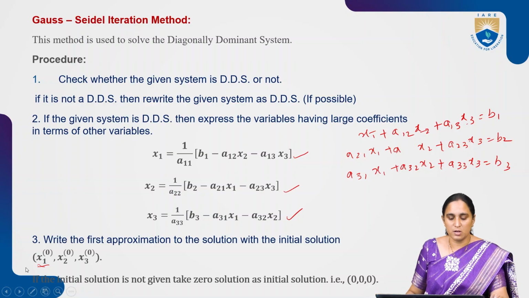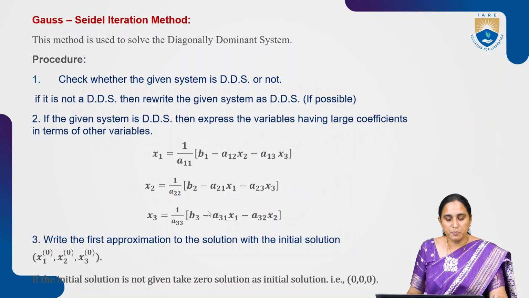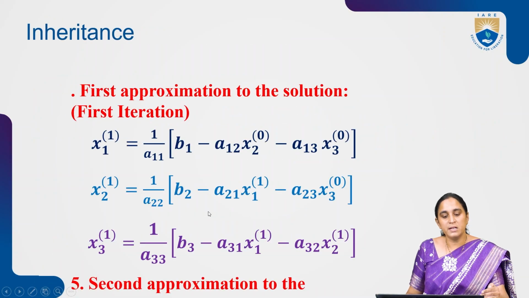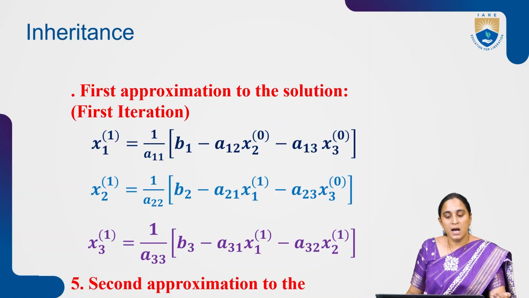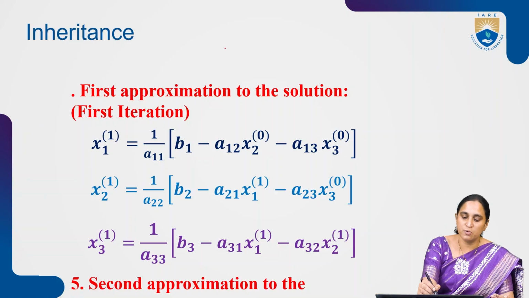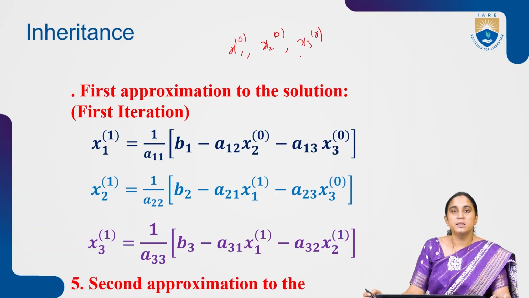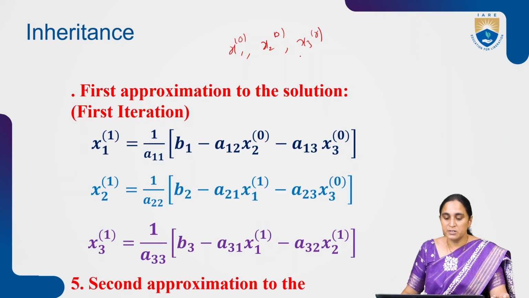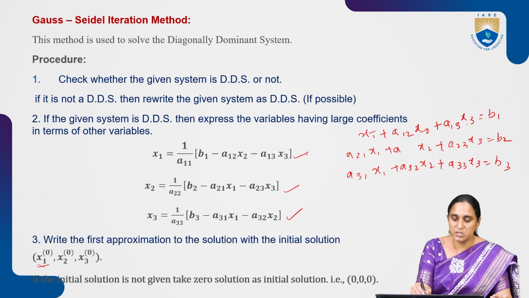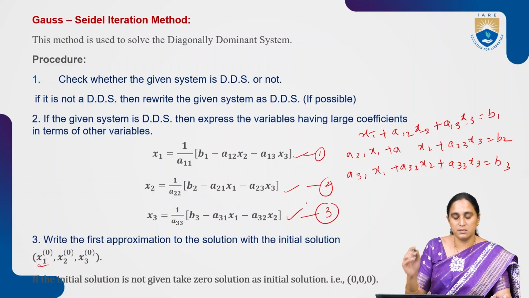This is the concept. After getting the first approximation value, we can continue with the second approximation using the previous values. We already know the x1 power 0, x2 power 0 and x3 power 0 values. There we can substitute into the equations: this is the first equation, this is the second equation and this is the third equation.